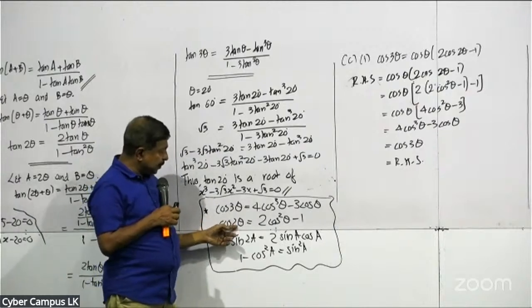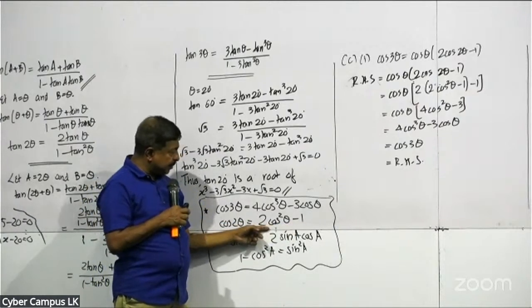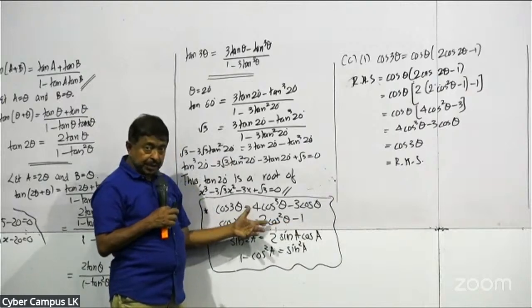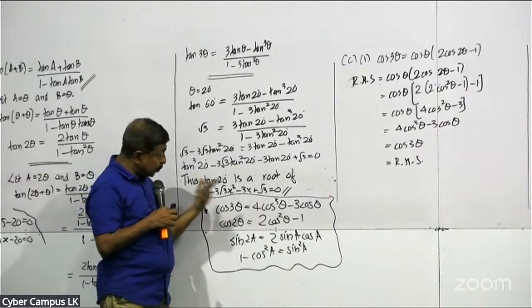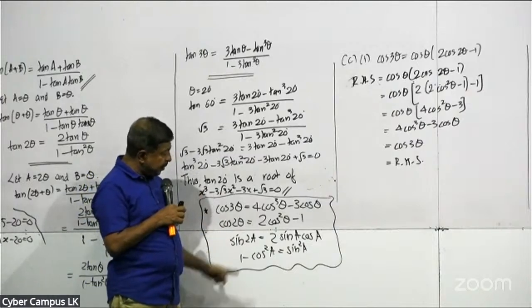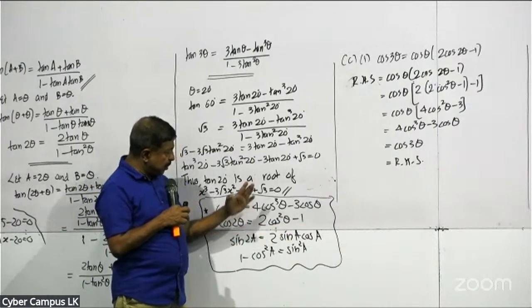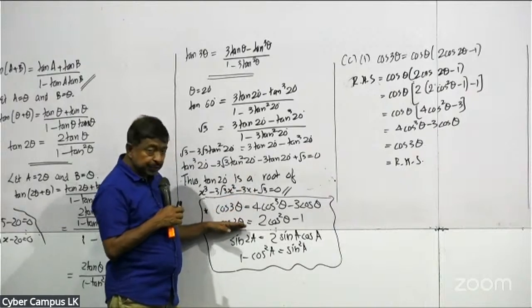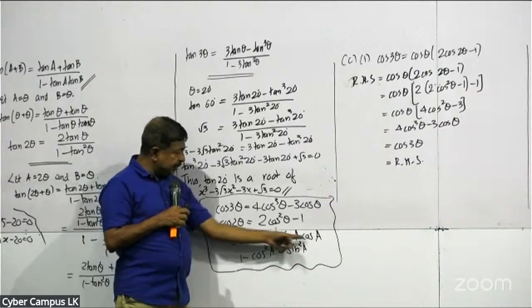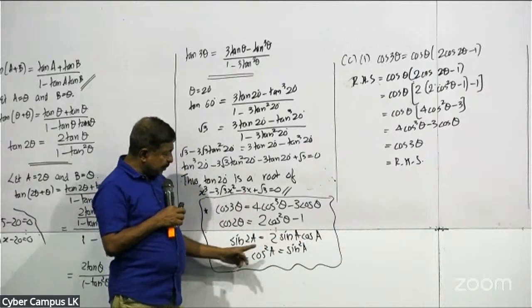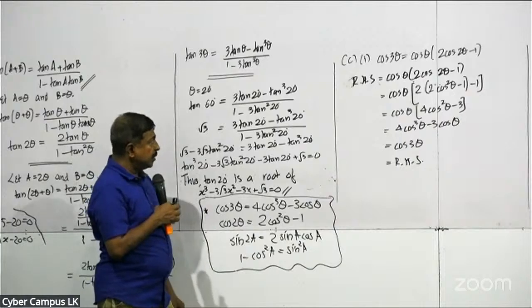For cos 2 theta, the case is the same; you can write it in terms of cos theta only, like this. There are two more formulas for cos 2 theta, but if you start with this, you can completely express it in terms of cosine. Now, sine 2A is this, and you already know 1 minus cosine squared is sine squared.